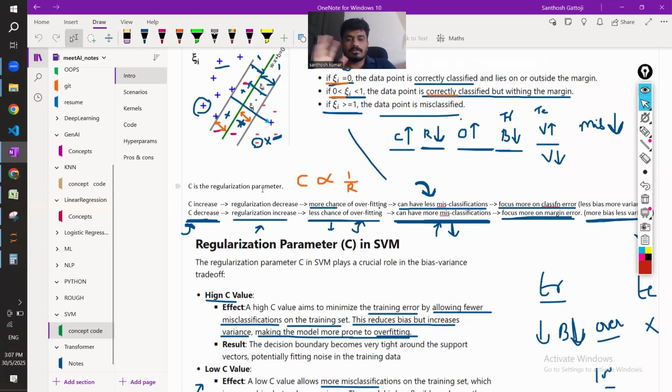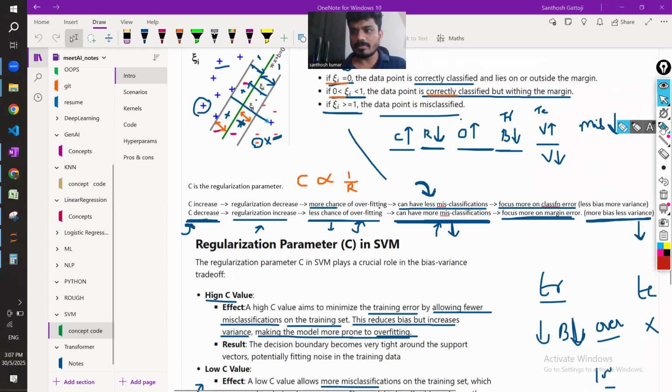The other way around, if I'm increasing C, regularization decreases, which means I'm not controlling the overfitting. There are chances of getting overfitted. On the training data set, it works very well because it is almost overfitting, but the problem is that on the test data set, it might face some issues. This is a long story, but if you try to make it short, there are one or two things you can remember.